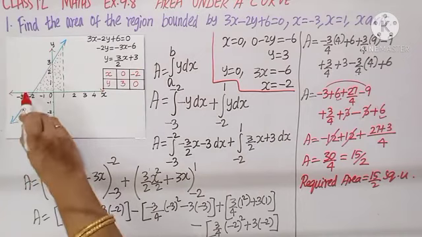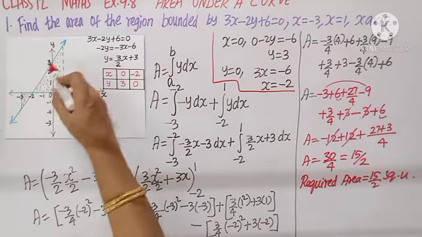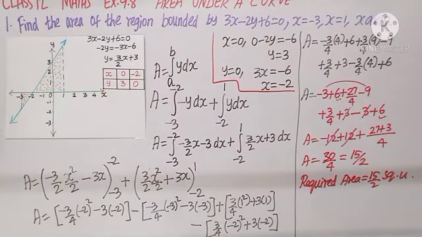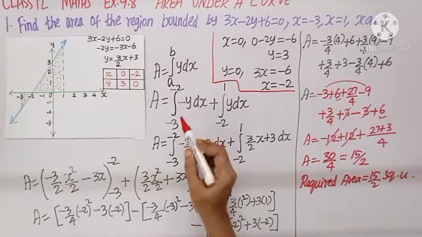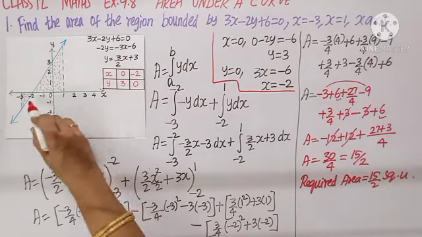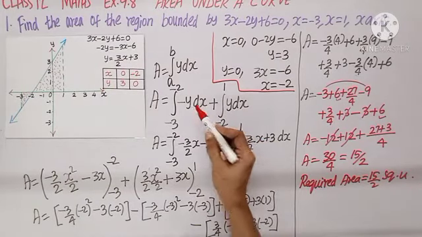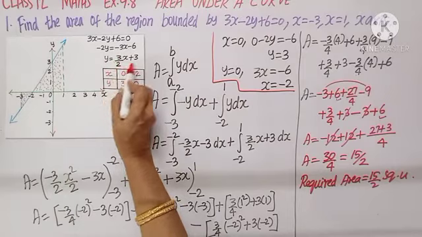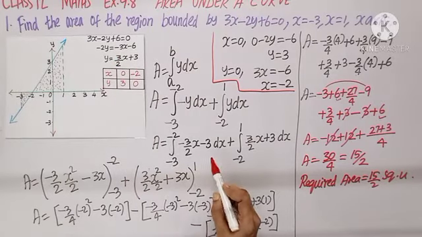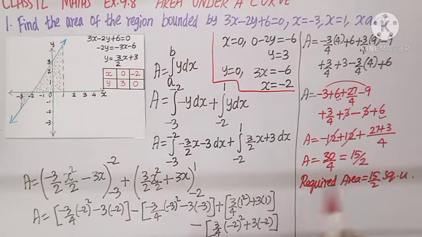Minus 3 to minus 2, it is below the x-axis. Minus 2 to 1, it is above the x-axis. So for minus 3 to minus 2, I will write minus y dx, whereas minus 2 to 1, it is plus y dx. As we substitute y from this simplification and integrate, put upper limit minus lower limit, take LCM, we get 15 by 2 square units.